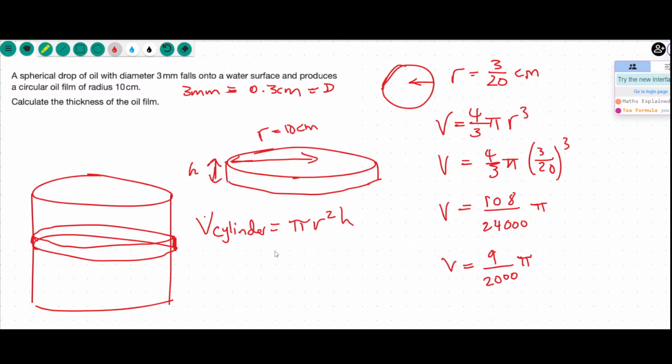And then pi times 100 times h, which is the unknown. We know that this is equal to this on the left. So 100 pi, if you'll allow me to rearrange, with an h, is equal to 9 over 2,000 pi.